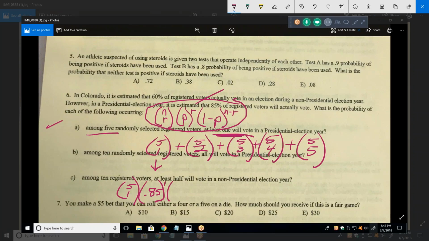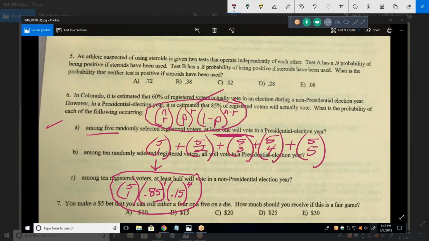And this one is 1 minus the probability, and this is to the 5 minus 1 power. These 2 exponents always have to add up to 5. And that would be the probability that precisely 1 will vote.